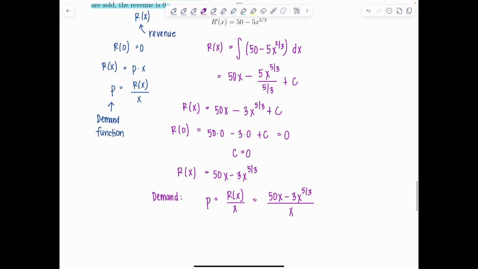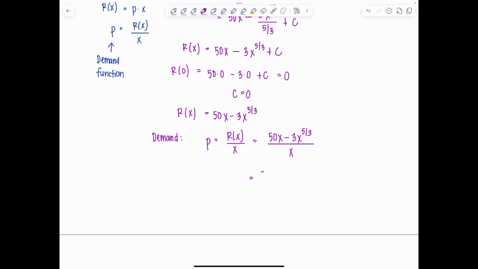So you can split each of those terms over x. 50x over x, minus 3x to the 5/3 over x, like that. And then for our final answer, see these cancel. So then you'll just have 50 minus 3, this is x to the first, so 5/3 minus 1, that'll be x to the 2/3. Boom.